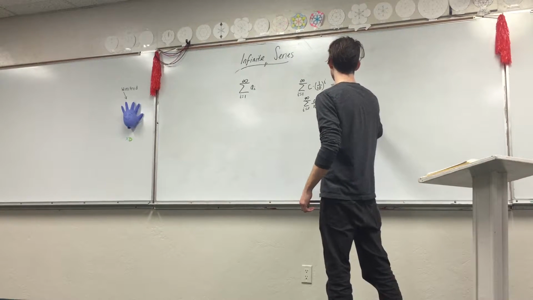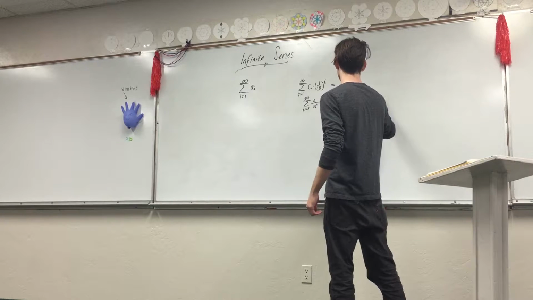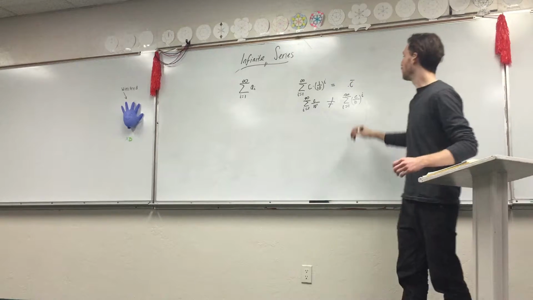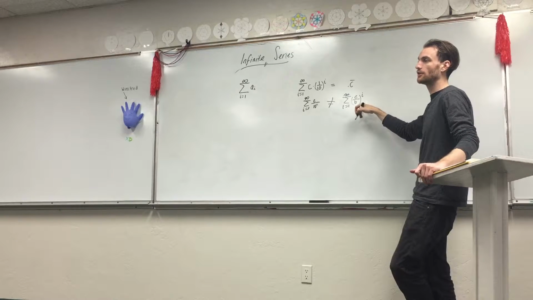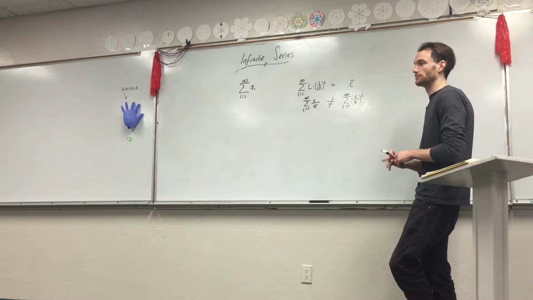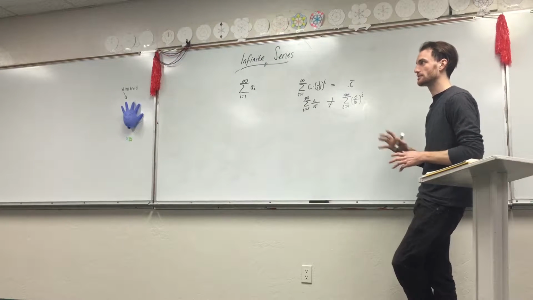Why is it true that this does not equal the sum from i equals 1 to infinity of C over 10 to the i power? A better question: why would this not necessarily give a finite number? When would this give me some finite number?